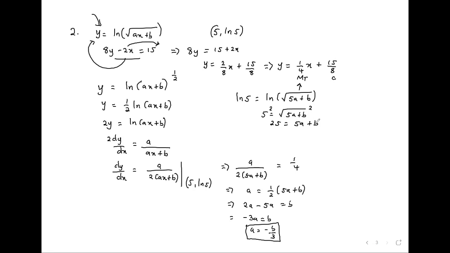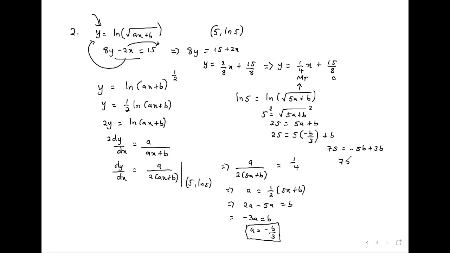But we have seen that a is negative b over 3 plus b. Multiply throughout by 3, and we'll get 75 is equal to negative 5b plus 3b.